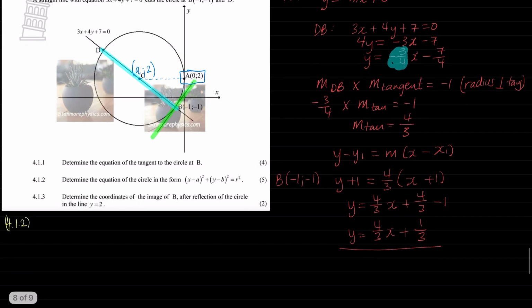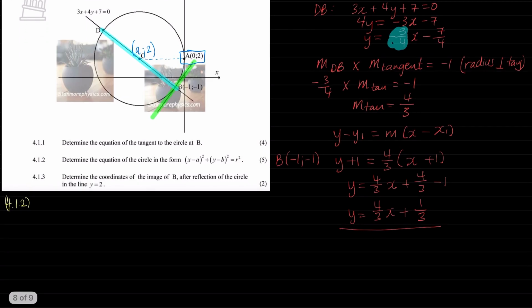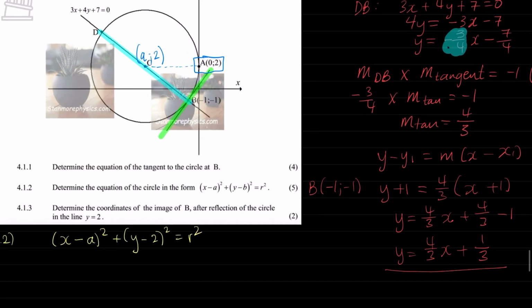So we can write the equation as x minus a all squared plus y minus 2 all squared equals r squared. Now what we can do is figure out the coordinate for A.